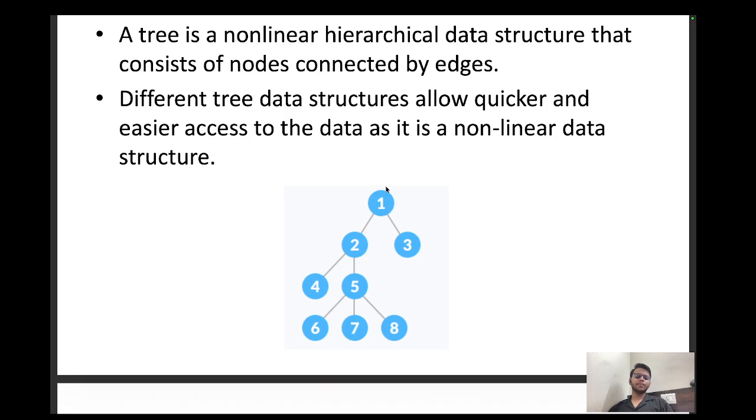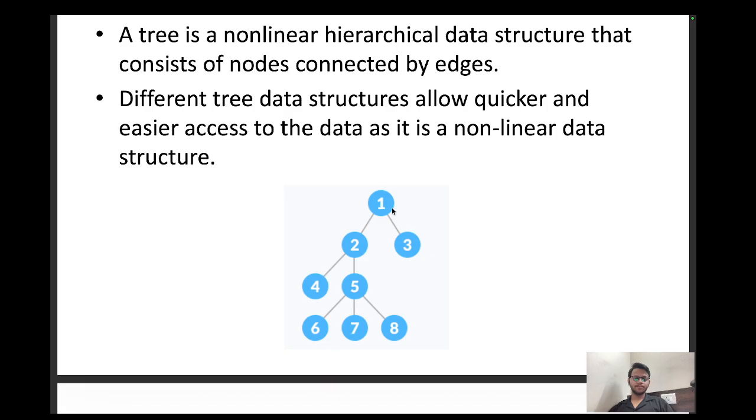So basically, the parent node, also called the root node for the uppermost node of the tree, and the nodes connected below it are called the child nodes. So 2 and 3 are the children of parent 1.